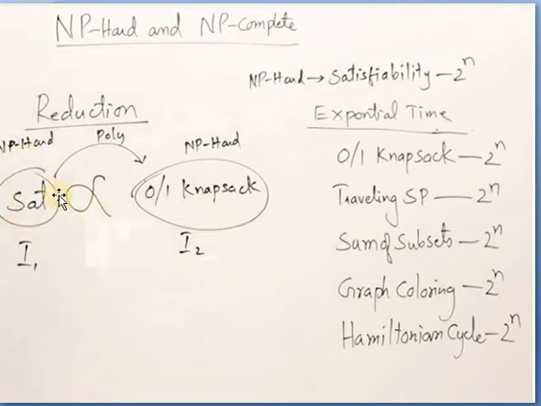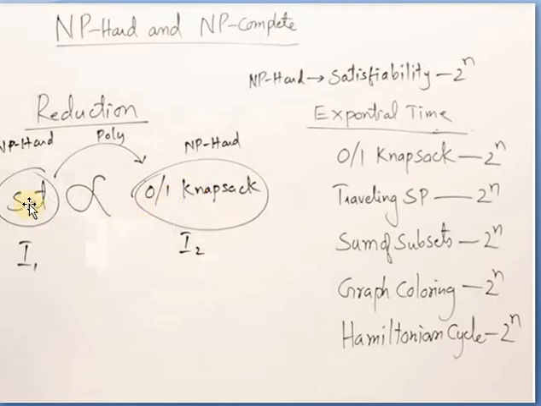If I try to reduce it into the 0, 1 knapsack problem, for that purpose I will take the instance I1 of the satisfiability problem and instance I2 of the 0, 1 knapsack problem. Then if the 0, 1 knapsack problem can be solved in polynomial time, then the same algorithm can be used to solve the satisfiability problem, or vice versa.